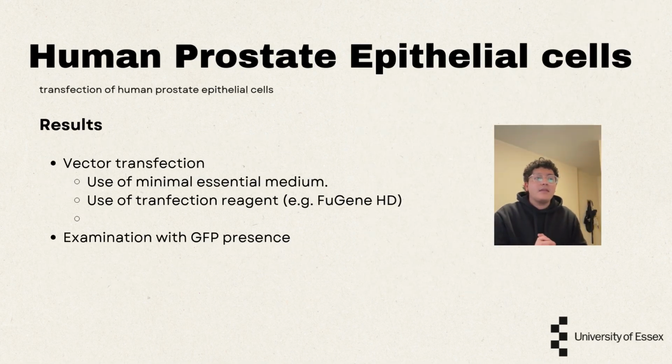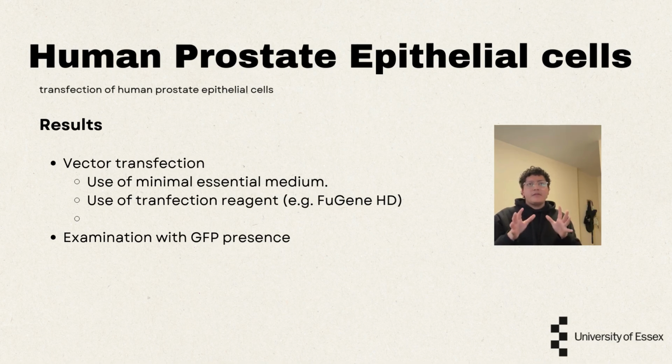To transfect the human prostate epithelial cells, first we have to extract the plasmid from the transformed Escherichia coli because these ones have the desired plasmid. Secondly, we should do a vector transfection.